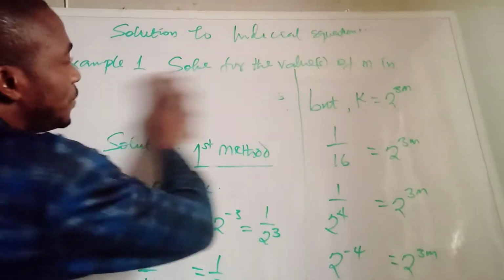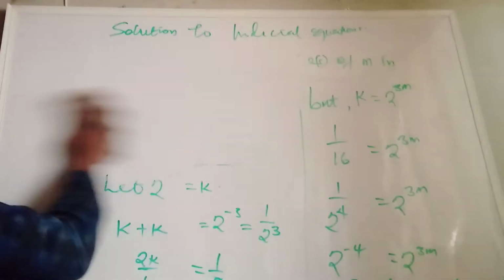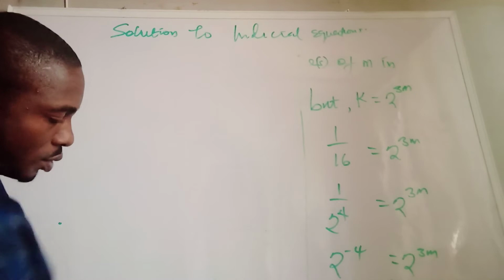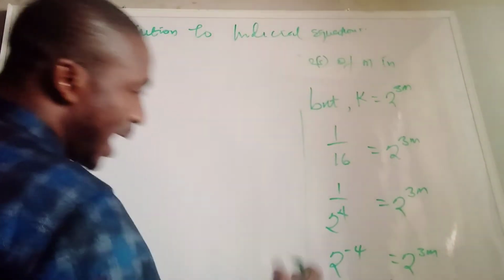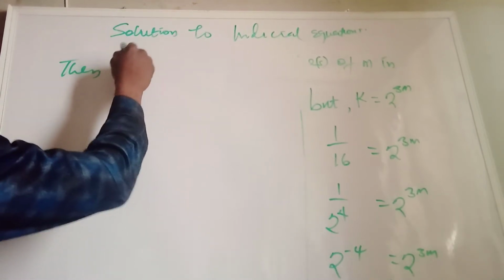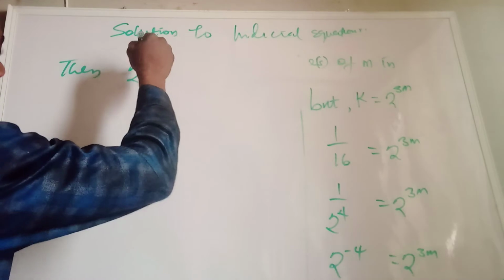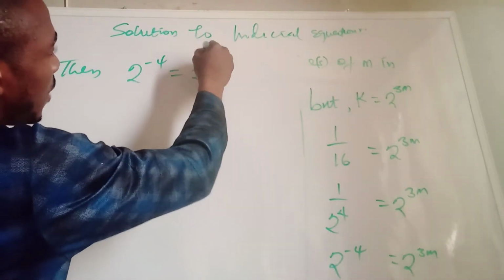So with that, let me rub it off here. With that, we continue. We have 2 raised to power minus 4 is equal to 2 raised to power 3m.